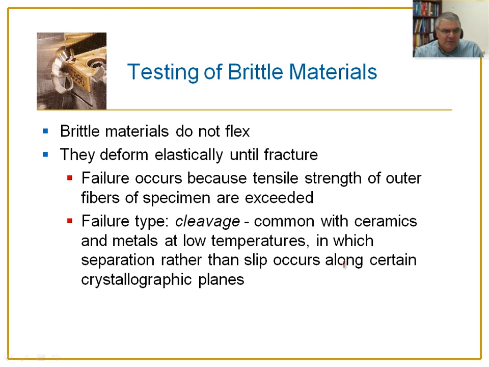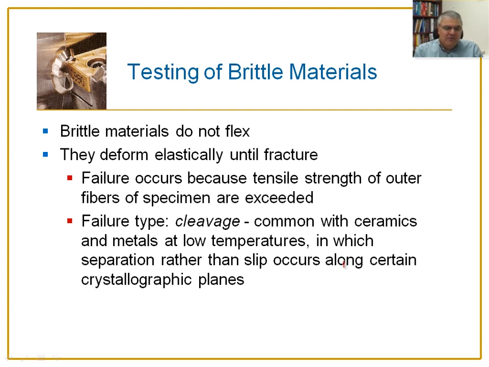So brittle materials will not flex, and they deform elastically until they fracture, as I just mentioned to you. So failure occurs as a result of two things here. It can occur because the tensile strength of the outer fibers of the specimen is exceeded, or the other failure type is what we call cleavage, and that is common with ceramics and metals at low temperature, in which separation rather than slip occurs along certain planes.